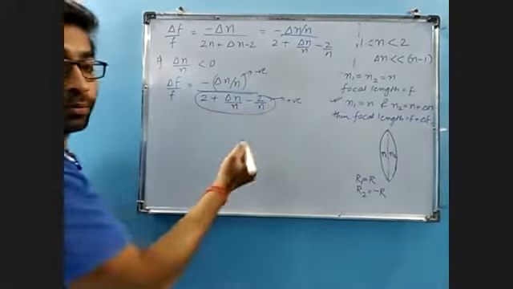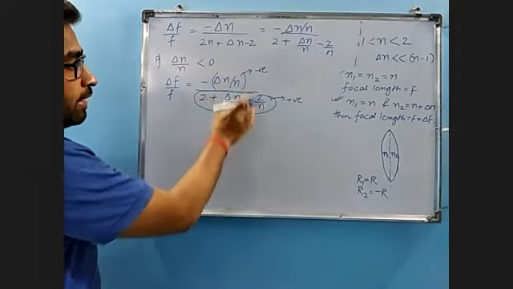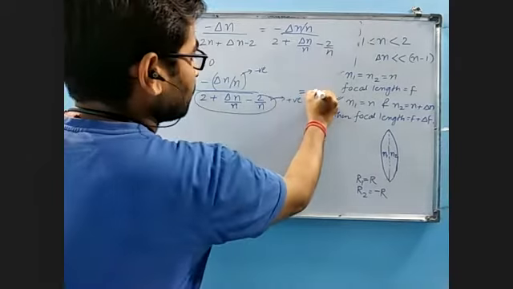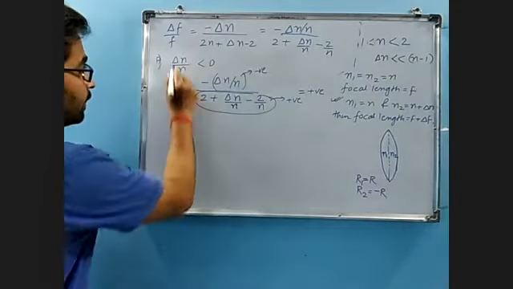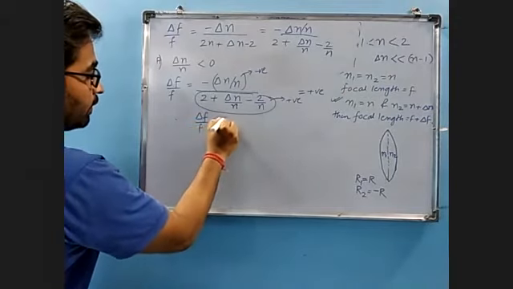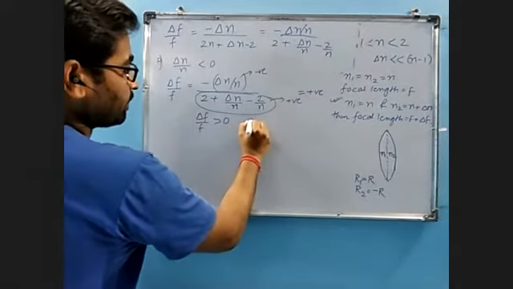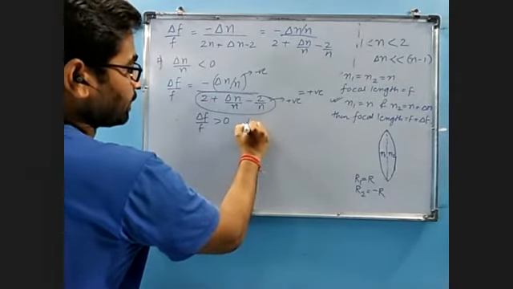The numerator was already positive, and positive by positive will give you something positive. So that is why if delta n by n is less than 0, delta f by f has to be greater than 0. So that was for the first part, which means A was correct.